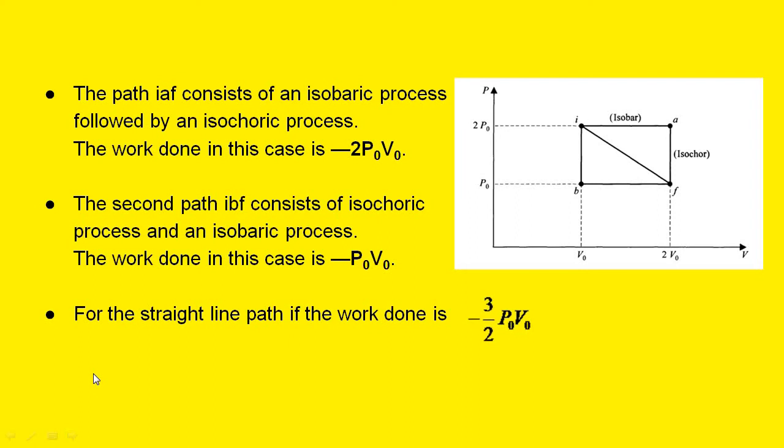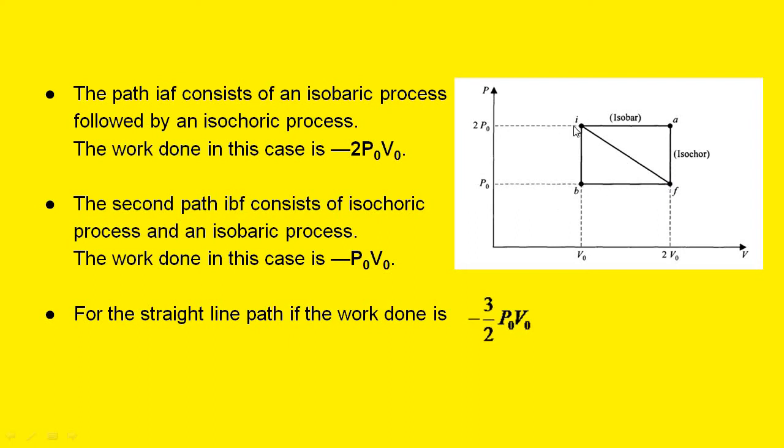And for the straight line path, I to F directly, you can consider this as a rectangle plus a triangle. The rectangle area we have already calculated as P0 V0.